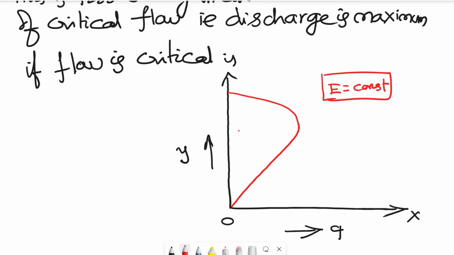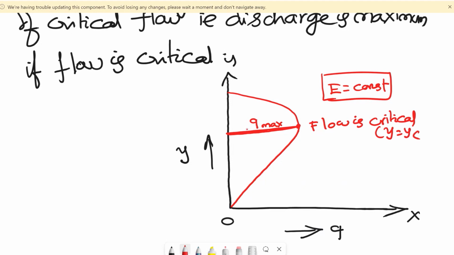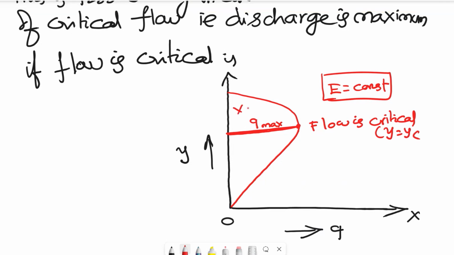So if I see here, this is the maximum discharge. So for maximum discharge, flow is critical, that is y is equal to yc. In this region, y is greater than yc. That is the subcritical flow region.